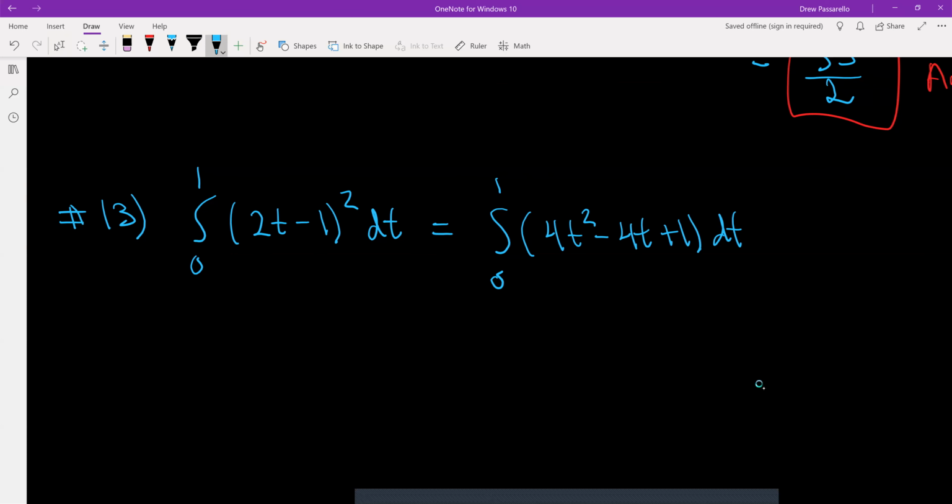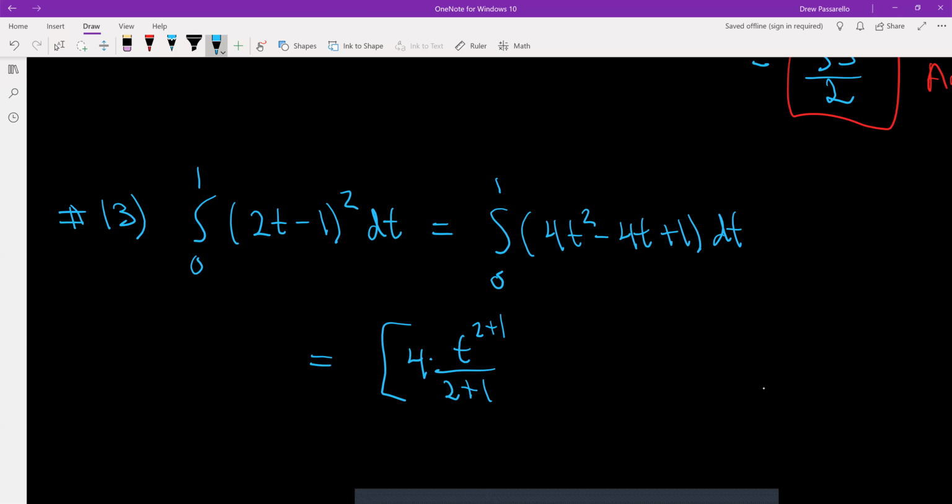So I'm going to skip some steps and just write down what the result is going to be. Right now, I'll put the result in brackets. The 4t squared, well, it's going to be 4 times, and then I add 1 to the exponent, so it'll be t to the 2 plus 1, and then I divide by that same thing.